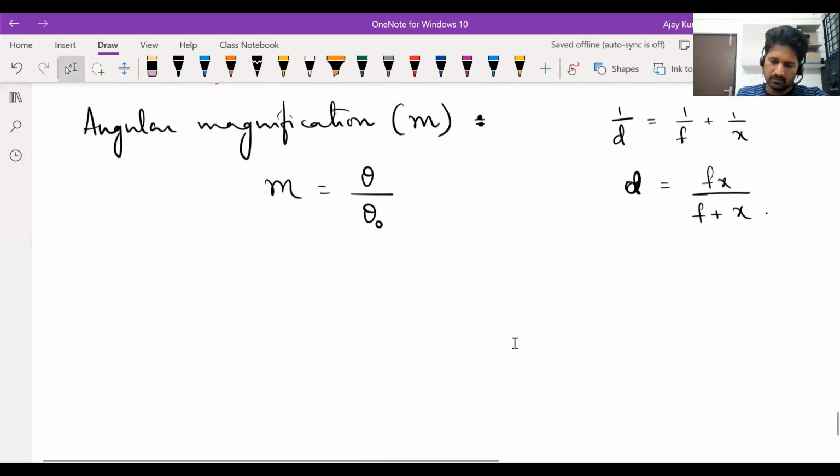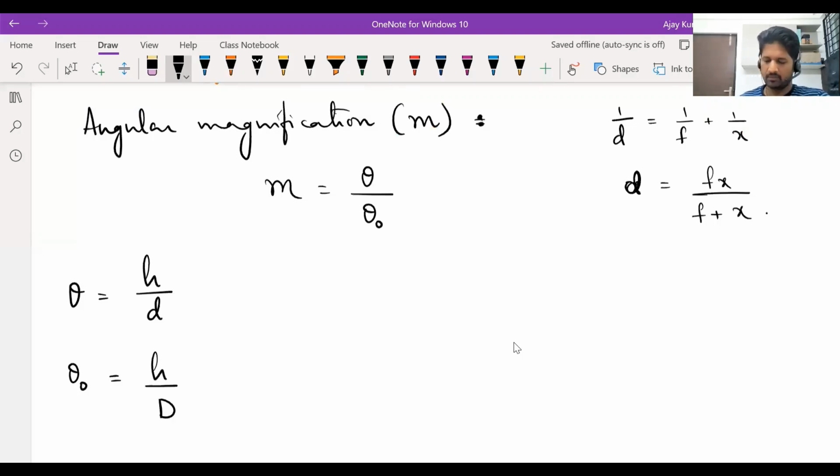So theta, the final angle subtended on the eye, is small h divided by small d. Theta naught, the initial angle subtended on the eye, when you looked at the object directly, is small h divided by capital D. You divide them, you get the magnification. This implies magnification, angular magnification produced by the simple microscope is capital D divided by small d.